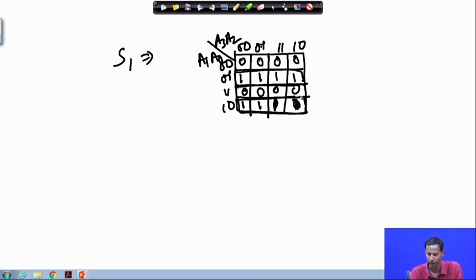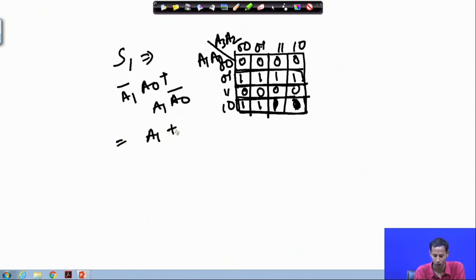If I make this pair, the S1 expression can be written as A1 bar A0 plus A1 A0 bar. So, this is nothing but A1 XOR A0.